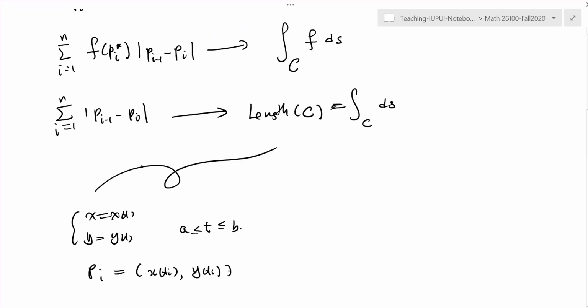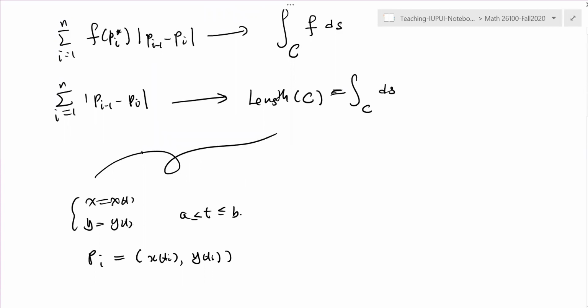You can describe it like that. And you have a equals t0, t1, up to tn, which is b.